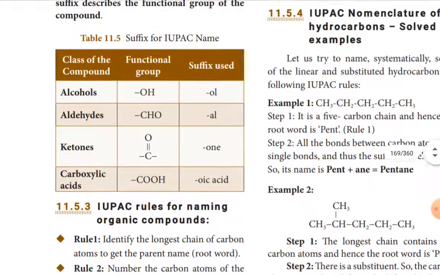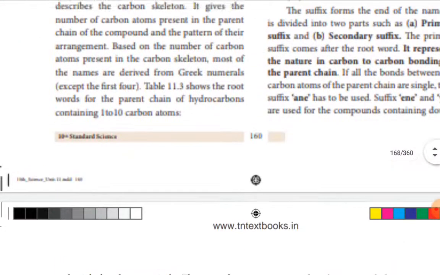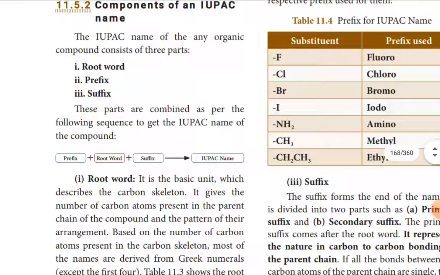So first you have to learn the three parts of naming organic compounds based on IUPAC. Learn thoroughly, prepare well, don't waste time, and also complete the classwork for the previous lessons, whatever lessons have been completed so far.